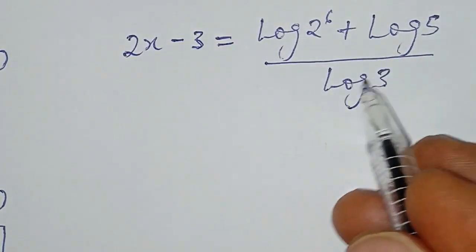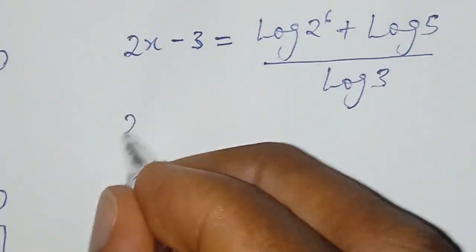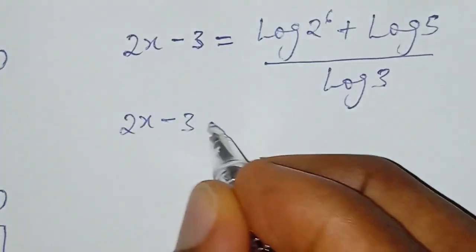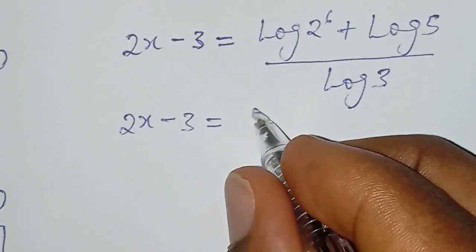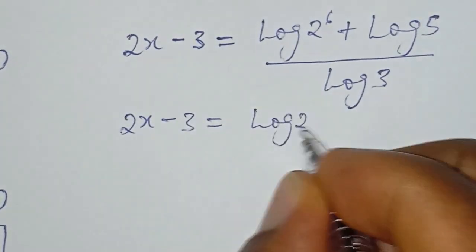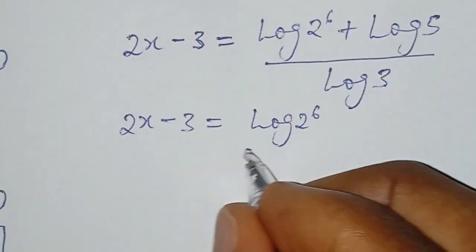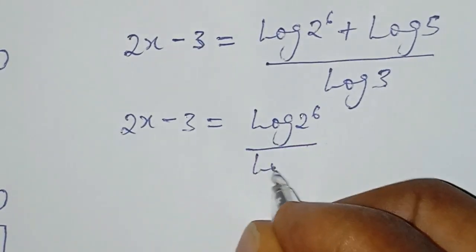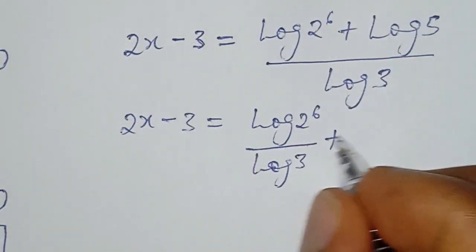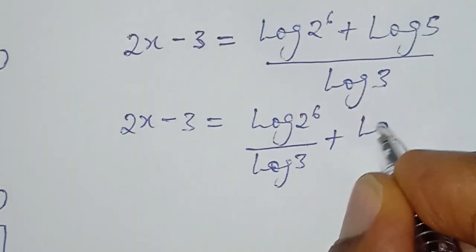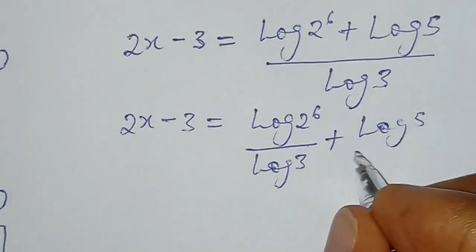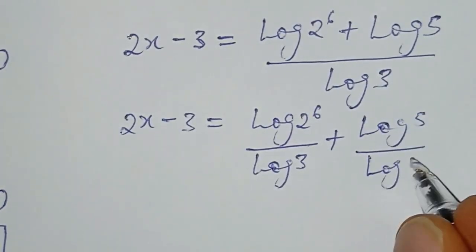Now from here we can separate this as 2x minus 3 is equal to log 2 to the power of 6 over log 3, then plus log 5 over log 3.